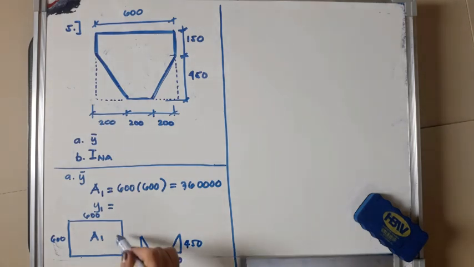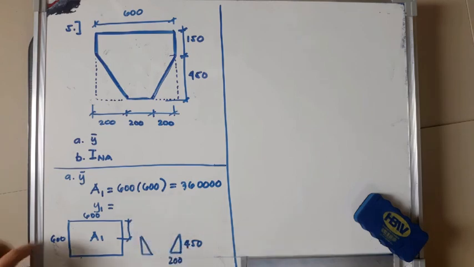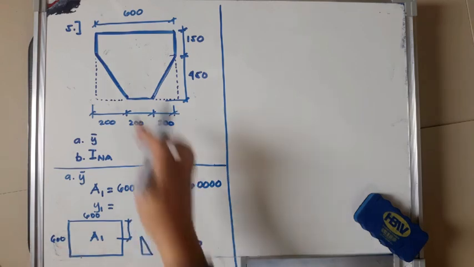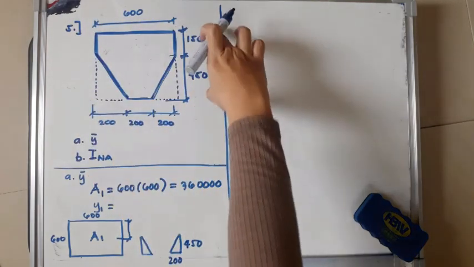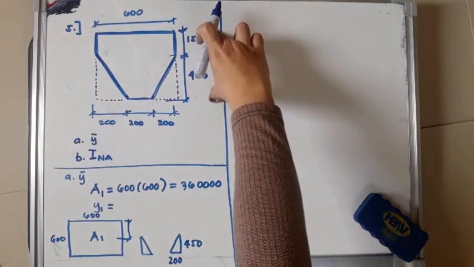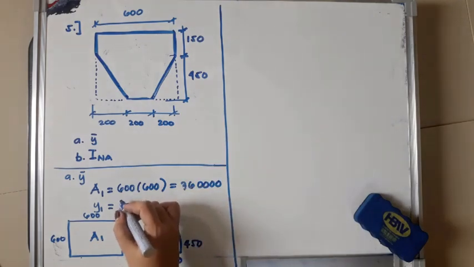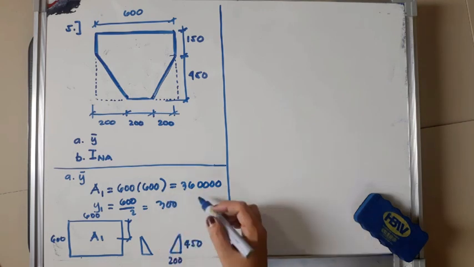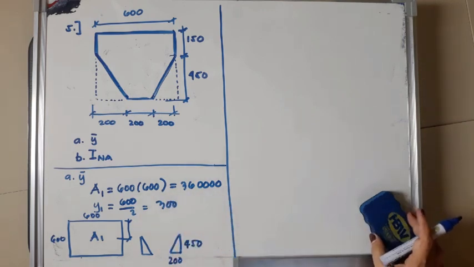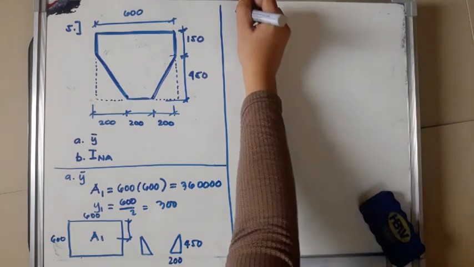So your y1 will be just half of the 600. So 600 by 600, so the whole rectangle height is 600. So half of 600 is 300. So 300 millimeters.